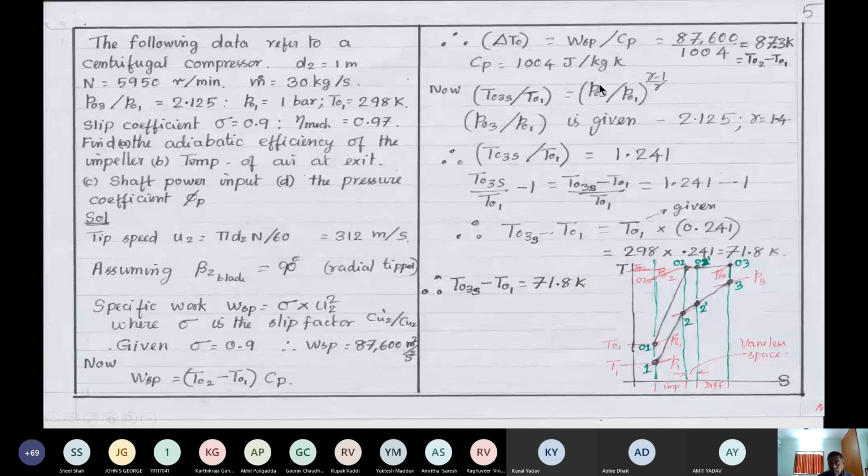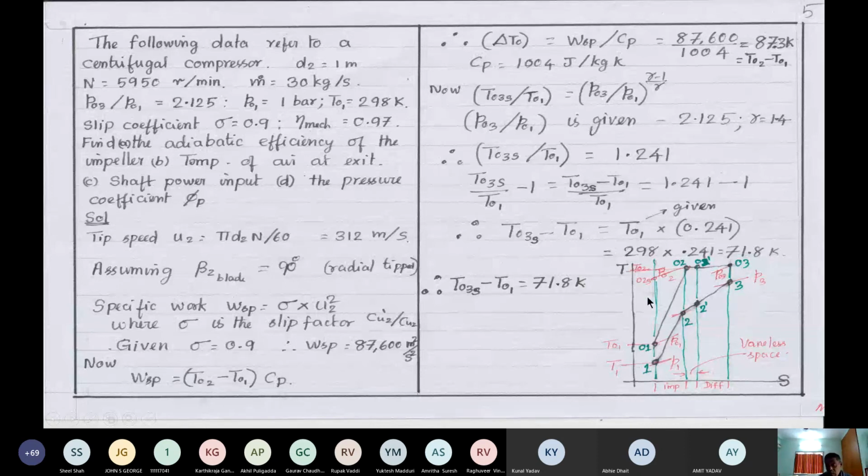So I can get the temperature ratio, and from the temperature ratio, having known T01, I can get T03S. Once T03S is known, I can calculate the adiabatic efficiency, because that is equal to (T03S minus T01) divided by (T03 or T02 minus T01). Remember, T03 and T02 are one and the same.